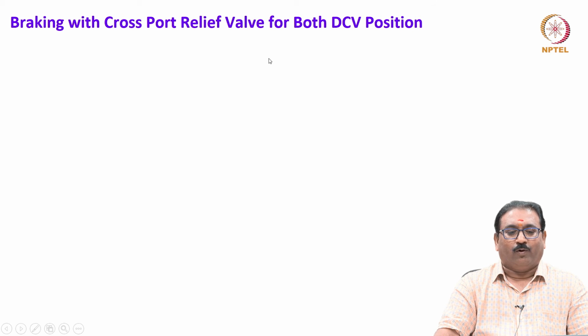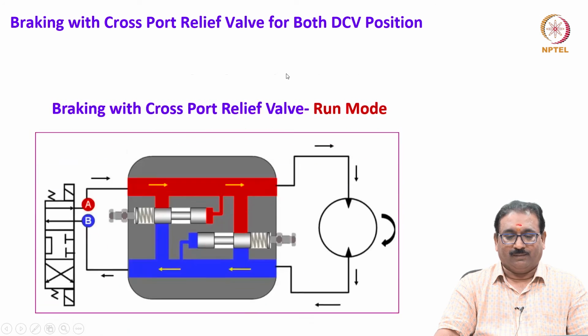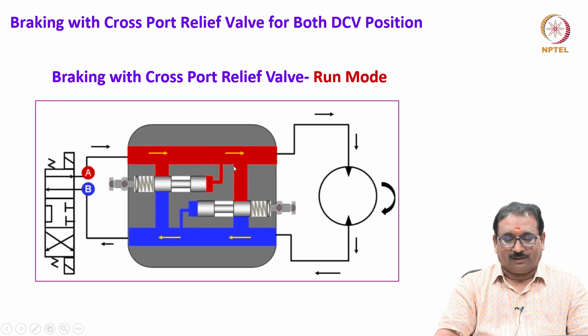Then I will show you one more thing: braking with a cross port relief valve for both DCV positions. Here you will see the arrangement. Again I am using the tandem center, P is connecting to tank, and in the middle position A and B are blocked. Then solenoid actuation, parallel configuration, crossed configuration, and spring centered.